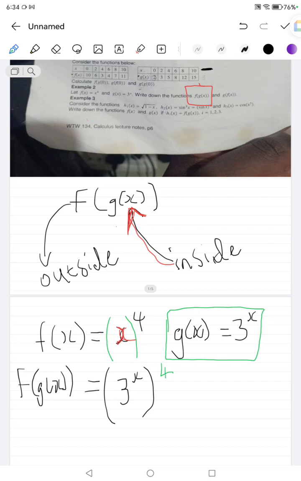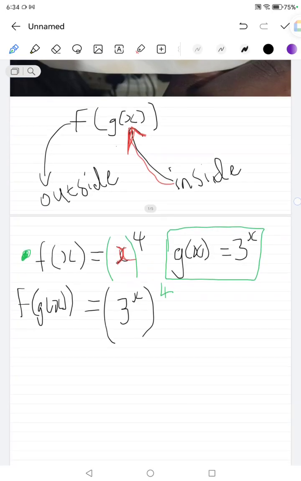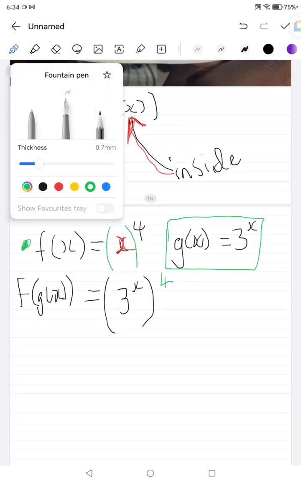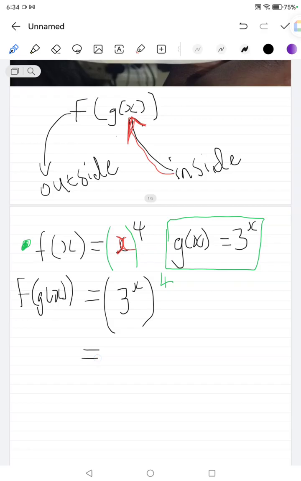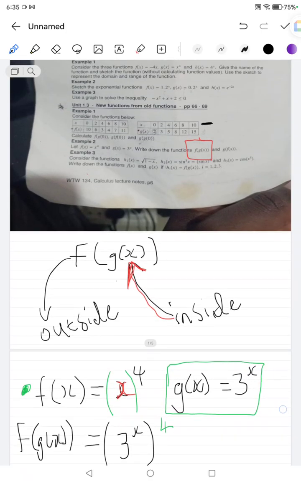The only difference is that I took the g of x and placed it inside only where I'm seeing my x. So this would be the first answer. The final answer is going to be 3 to the exponent 4x, because you're just multiplying those exponents.